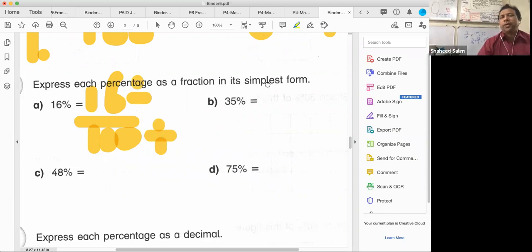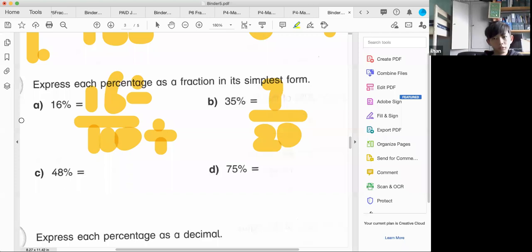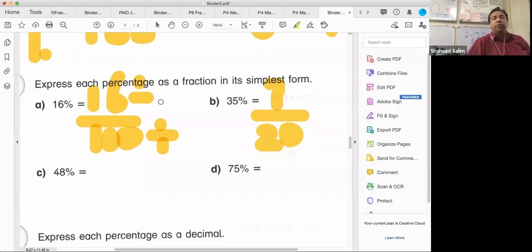Well done. What about Ilhan? What's the first one? 20 over 100. Divide by 4, divide by 4. 4 over 25. Next one.